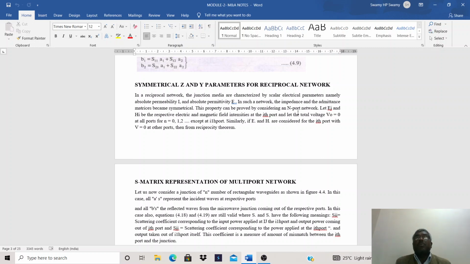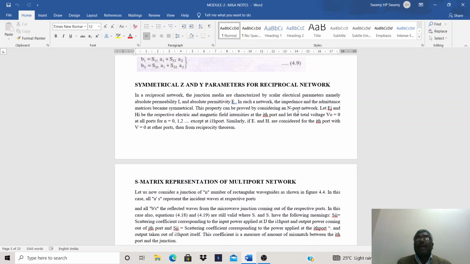This property can be proved by considering an n-port network. Let Ei and Hi be the respective electric and magnetic field intensities at the i-th port, and let the total output voltage V be equal to 0 at all ports except at the i-th port.